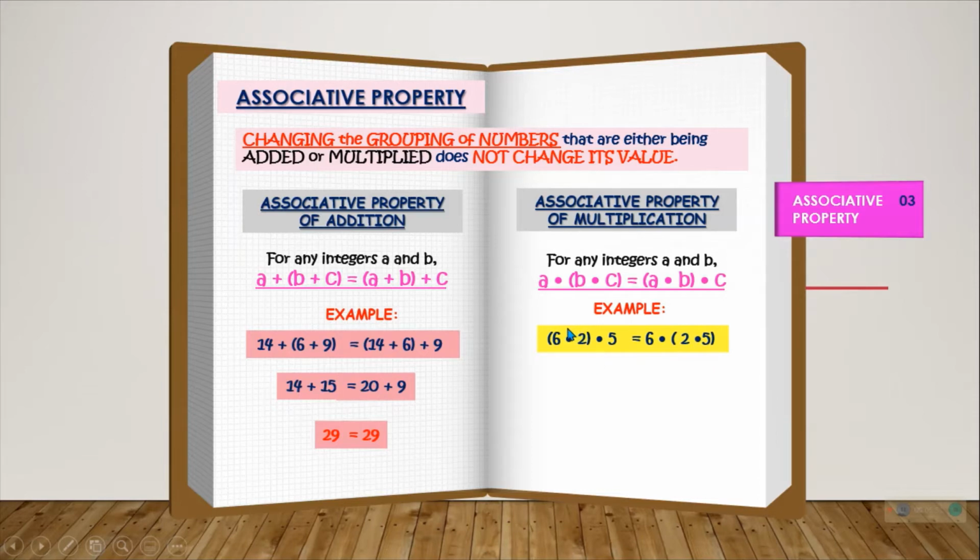So dito, ang magkagrupo si 6 at si 2, dito naman ay si 2 at si 5. Okay, tingnan natin. 6 times 2 is 12, times 5 is equal to 6 times 2 times 5, which is 10. So 12 times 5 is equal to 60. 6 times 10 is also 60. So they are also equal.